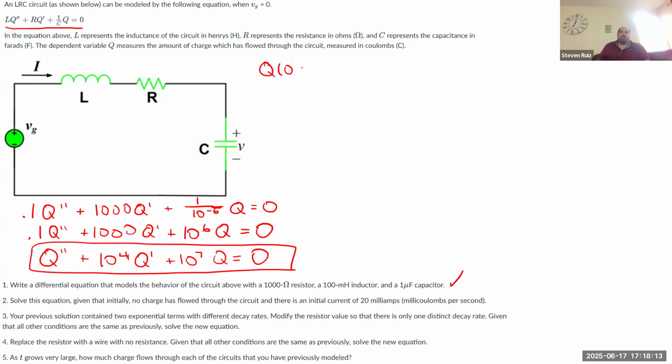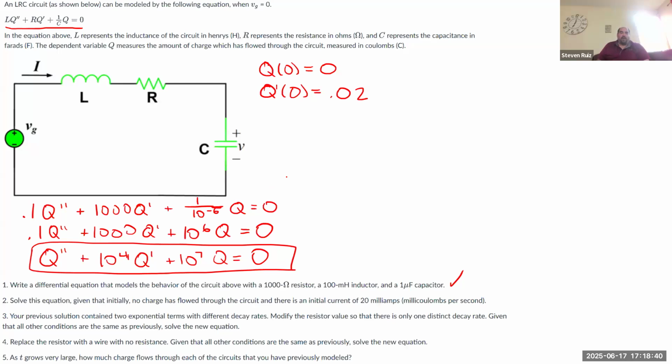So we're told that Q of 0 equals 0. What else are we told? There's an initial current of 20 milliamps. Another way to think about current is as the rate of change of charge with respect to time. So the initial Q prime of 0 is 20 milliamps, or 0.02.